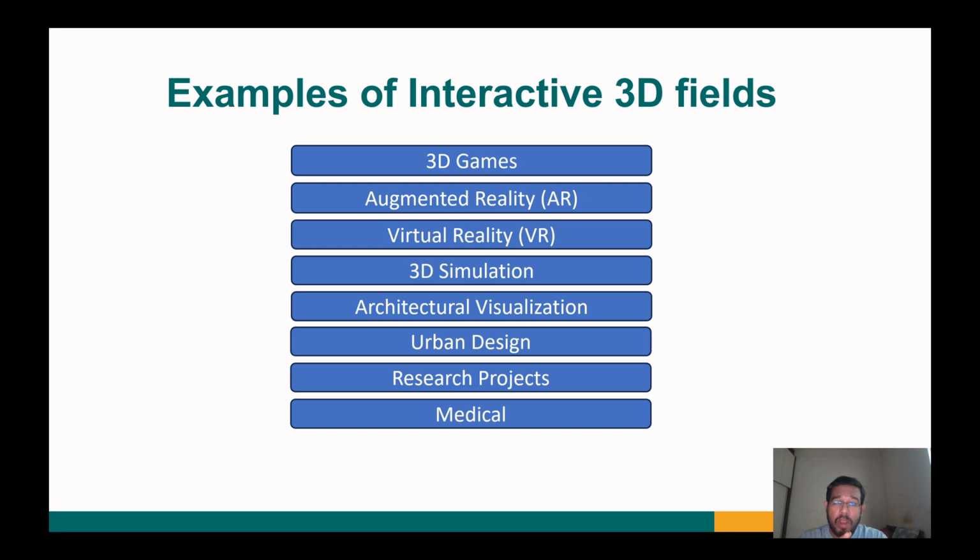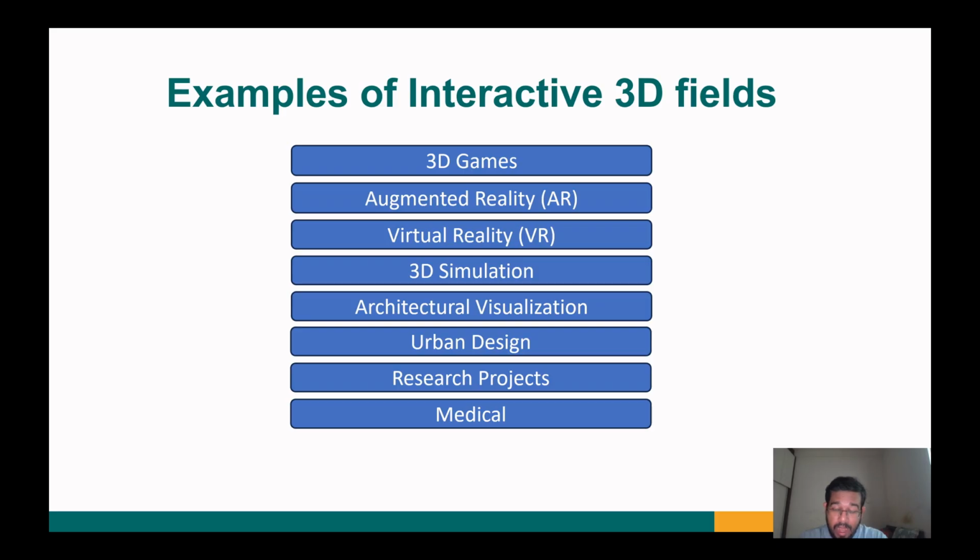Obviously we see from our childhood that 3D games are a very good form of interactive 3D design. Interactive 3D design is where 3D objects are interacting with the viewer. That is interactive 3D design.